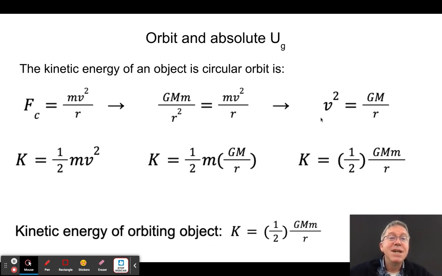And remember, kinetic energy is 1/2 mv squared. So I write the kinetic energy equation, K equals 1/2 mv squared, and I'm going to substitute v squared with this value here. What happens then is I get the kinetic energy is equal to 1/2 GMm over r instead of r squared. That's the kinetic energy of an orbiting object.